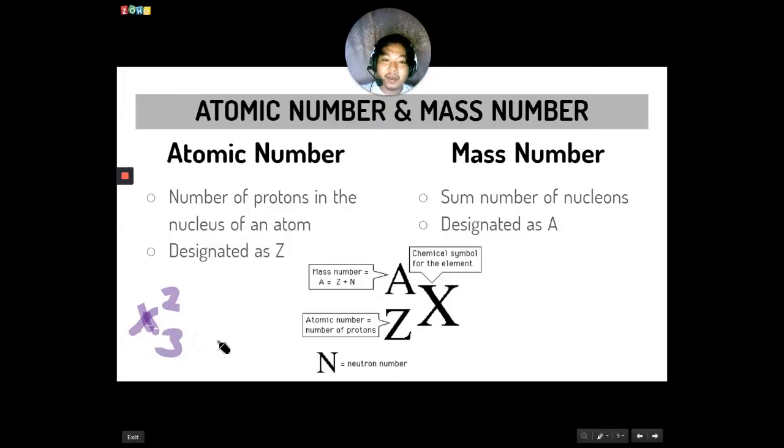We are used to seeing numbers like this one. Like your number 2 here is what we call the exponent, but the most appropriate term for that is your superscript. Bakit superscript? Kasi lumilipad. Yes, si Superman siya. Kidding aside, we call it superscript.